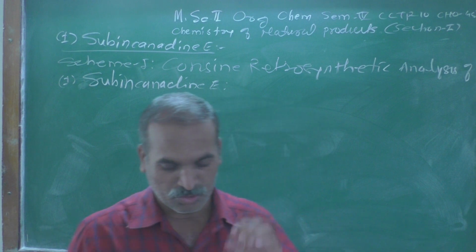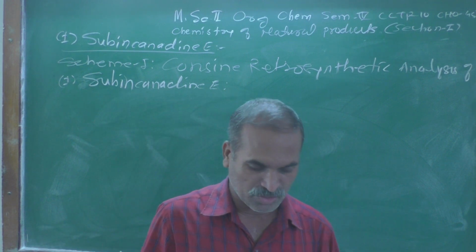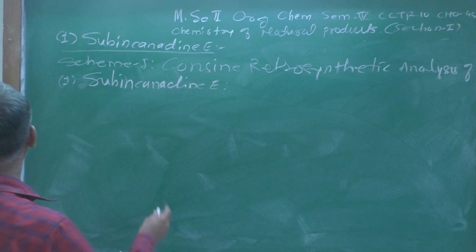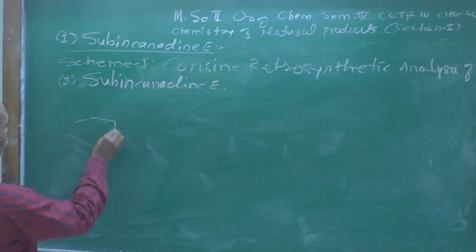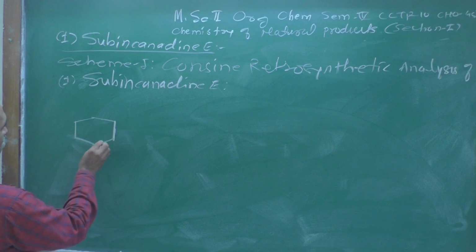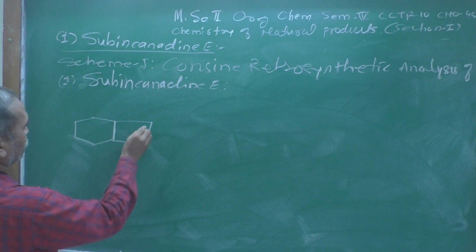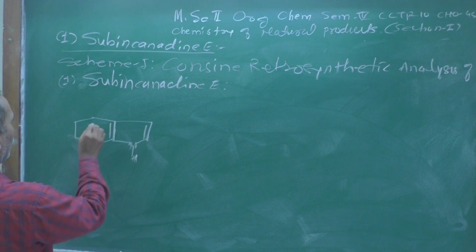You know that the molecule whose synthesis is being planned is called a target molecule. Let's see that target molecule here. Here is a structure I am showing. This is the indole moiety present over here, a double bond over here.